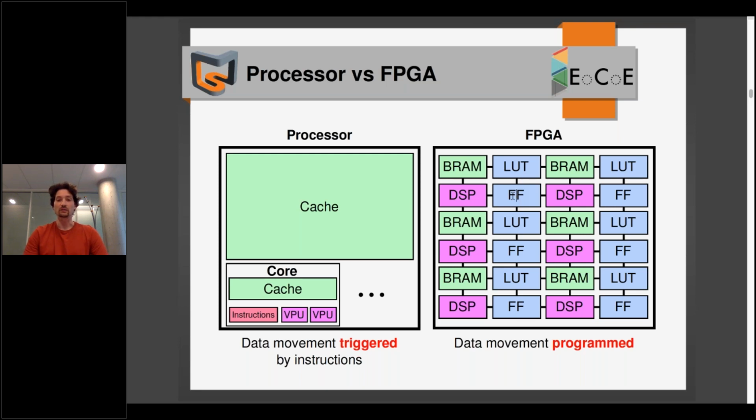Here it's a bit misleading because you have a couple of thousand DSPs and BRAMs on a single chip currently, but you have millions of flip-flops and LUTs. And what you program in an FPGA is the way the data are moving. Some data will come from memory and be stored in a BRAM. Then from this BRAM we will fill some register in a flip-flop.